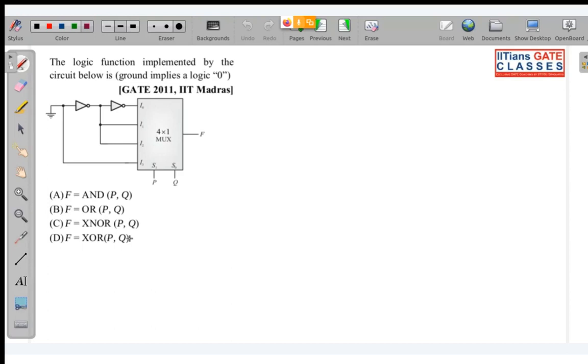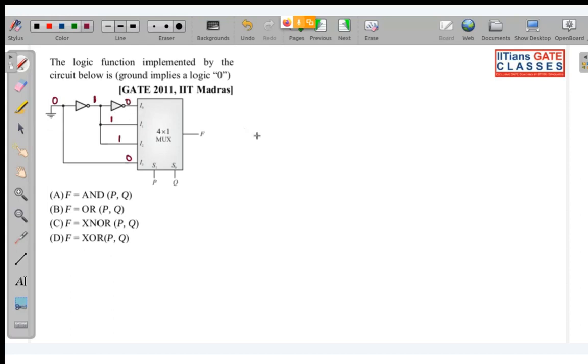What answer did we get? So these are very simple things. See, look over here. This is grounded. That means this is 0. This is passing over here. And this 0 is being converted to 1. And this 1 is shorted over here. So this is 1, 1. And this one again passing through inverter. So this is 0.